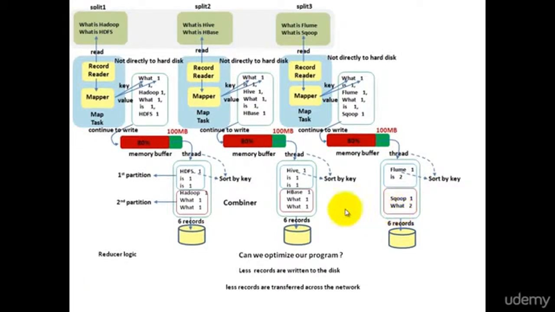This is nothing but our logic in the reducer function. So we can directly go ahead and use the reducer class as our combiner class. In this example, combiner class matches the reducer class.